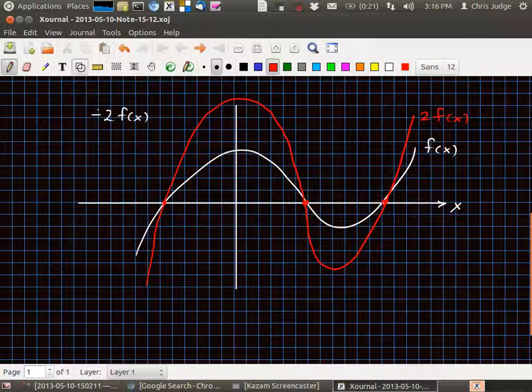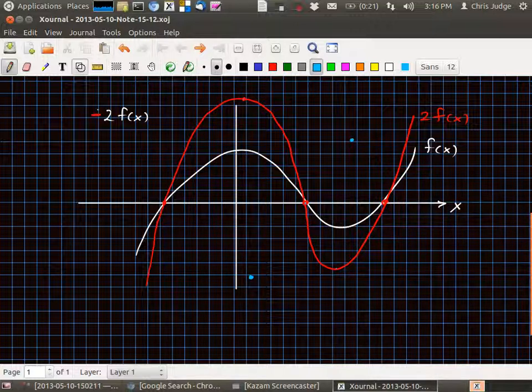Every value is twice what it used to be. But now let's consider what happens with this minus sign. The minus sign makes every value the negative of what it was before. So if it were a positive value, now it becomes a negative value. So this value comes down here. This one goes up there.